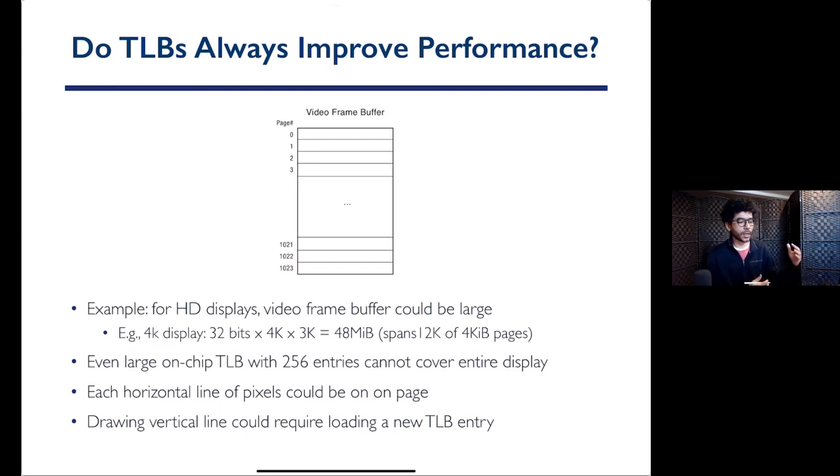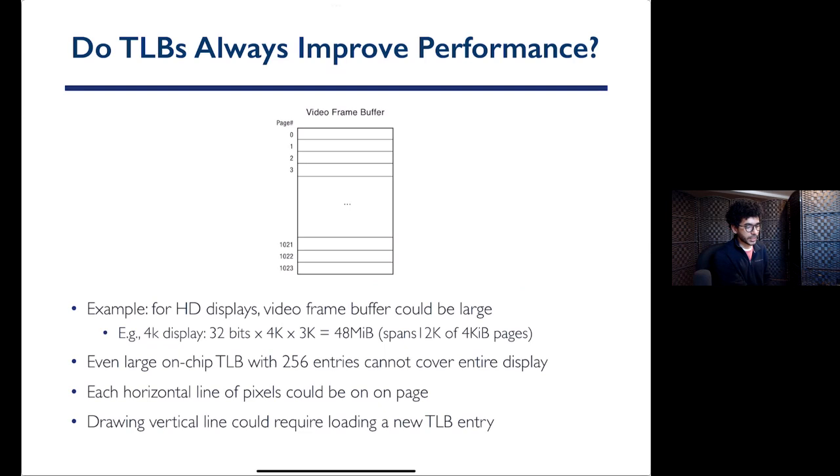So, here is one example. Let's say you have an HD display, a high definition display. These displays have really large buffers because you're going through a lot of pixels for every rendering of your page. So you go through a lot of data every time. Now, this data is somewhere in memory, right?